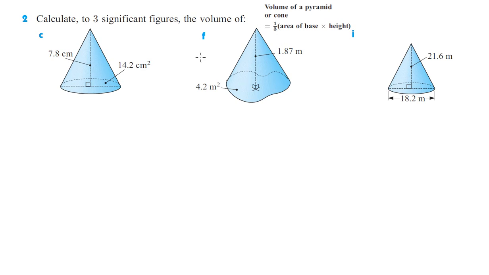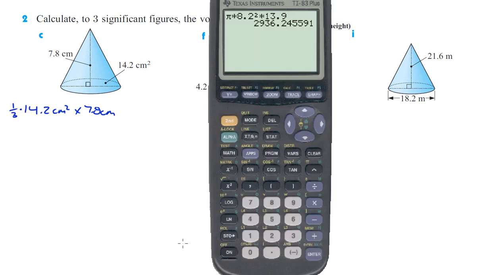So let's find the area of the base, which is going to be pi times the radius. Actually, never mind. Look, they already gave us the area of the base, so we'll just use that. That's 14.2 centimeters squared times 7.8 centimeters, and of course it's 1/3 of all that.